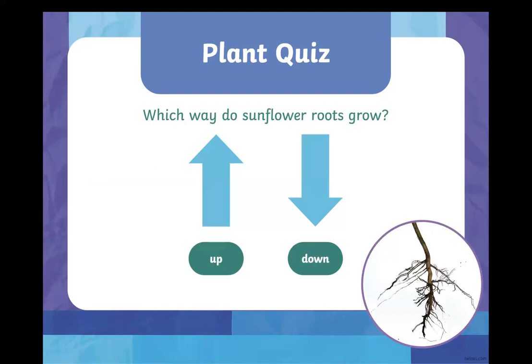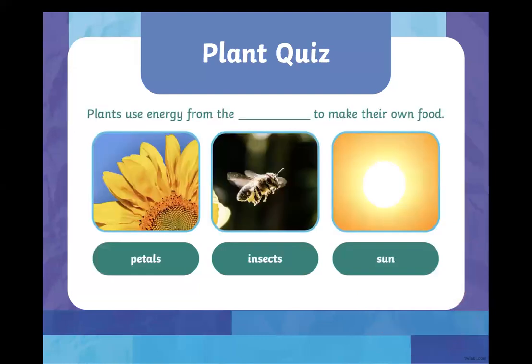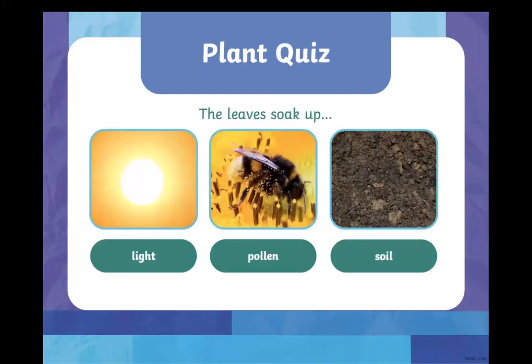Which way do sunflower roots grow? Up or down? I clearly mentioned it while I was presenting. Plants use energy from the petals, insects, or sun to make their food? The leaves soak up light, pollen, or soil?